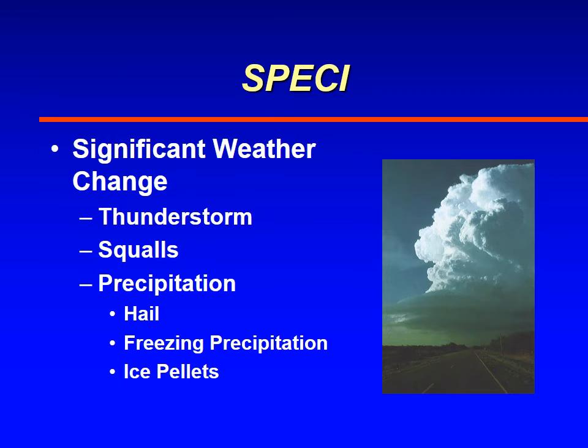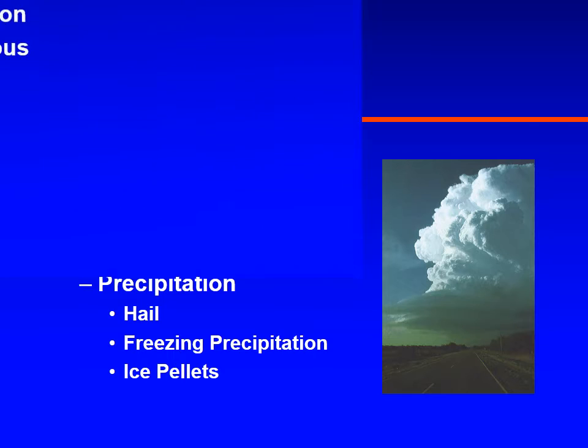Other criteria include the beginning and ending of thunderstorms, squalls, also the beginning and ending of certain types of precipitation such as hail, freezing precipitation like freezing rain or freezing drizzle, and also ice pellets require the issuance of a special observation.